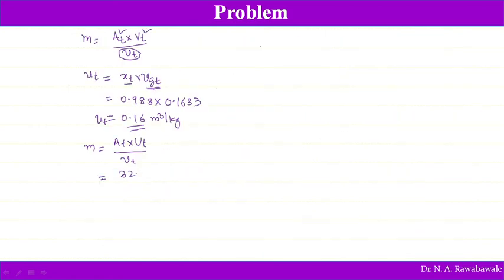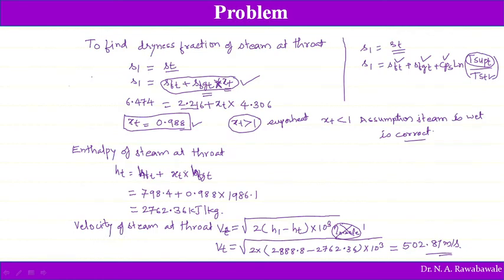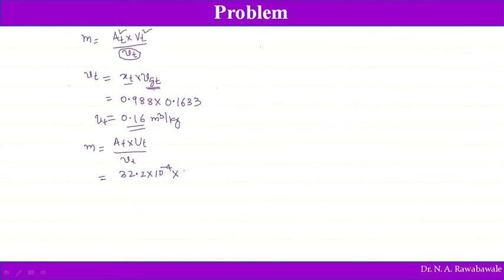So 32.2 centimeter square into 10 to the power of minus 4, because we want to convert this into meter, dividing it by 100 square, which means 10 to the power of minus 4, into velocity at throat, which we have just obtained as 502.87 meters per second, divided by specific volume at throat, 0.16.